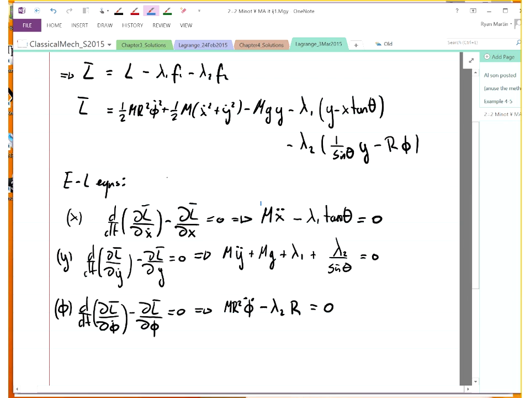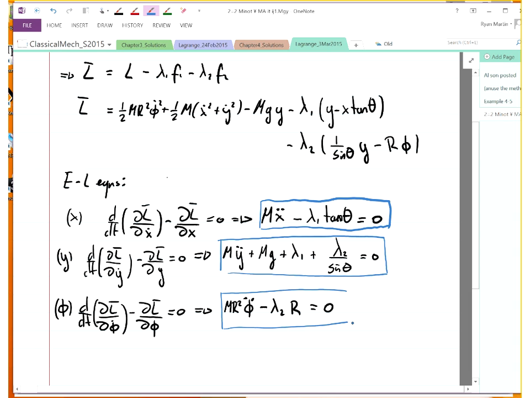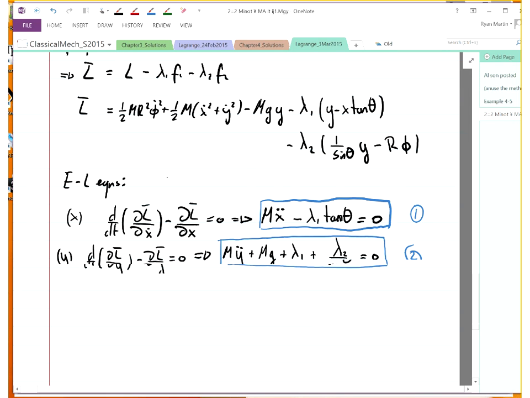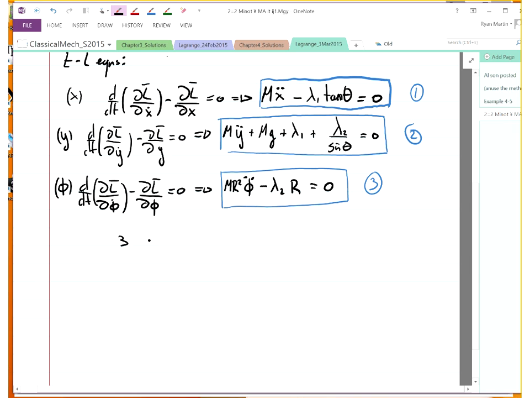So that's our three equations of motion, but we haven't really solved the problem because now we have these undetermined lambdas in them. Let me label these equations 1, 2, and 3.